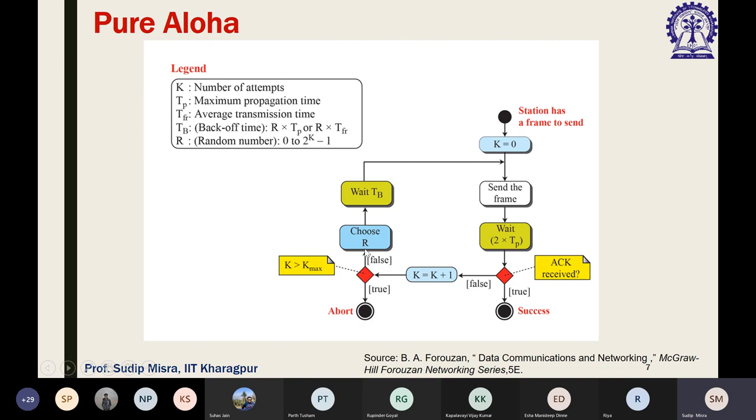You choose the value of r. r is a random number between 0 and 2 to the power k minus 1. As I said before, it's part of this binary exponential backoff algorithm.